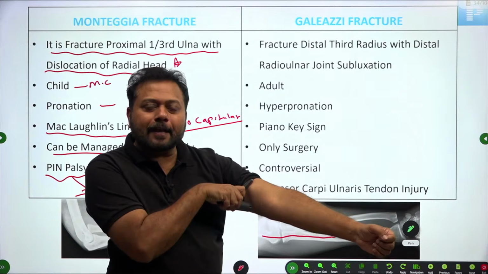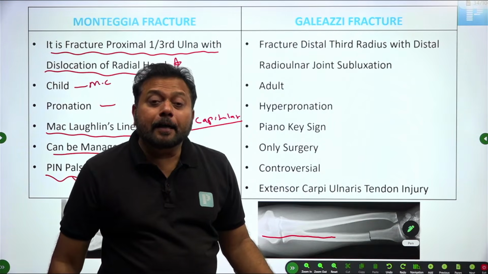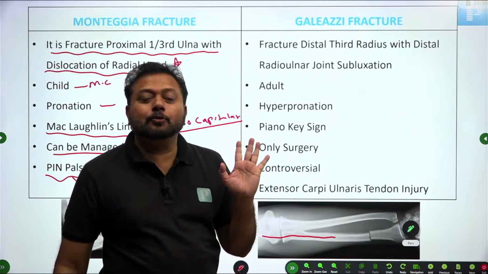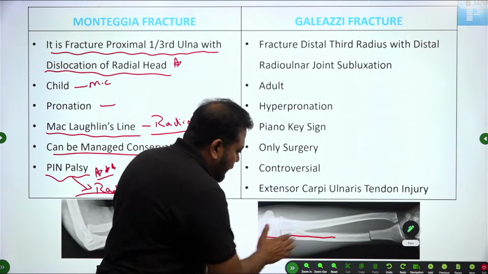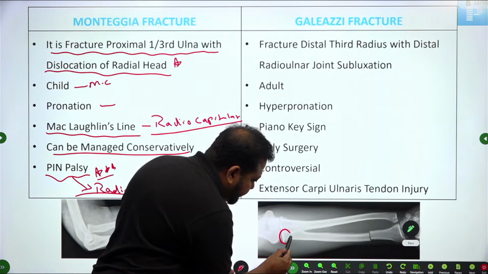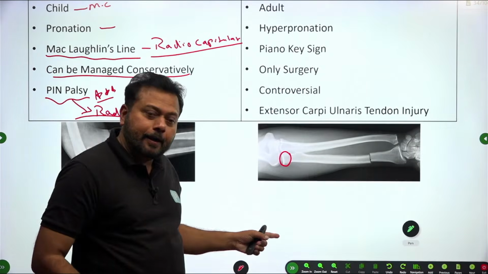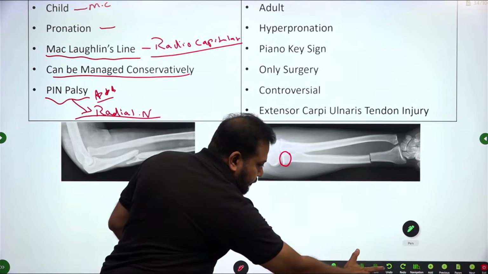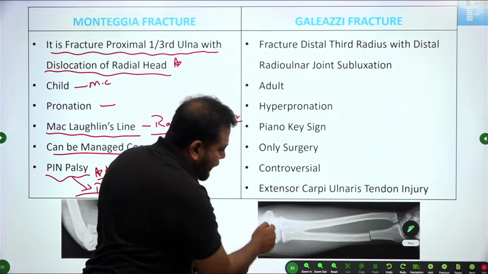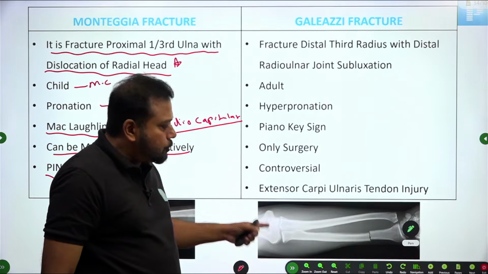When this cuts the capitulum, it says that the radial head is at the normal position, is okay. This is your radial head. So this says it's okay.